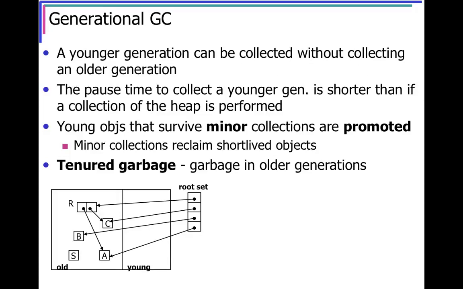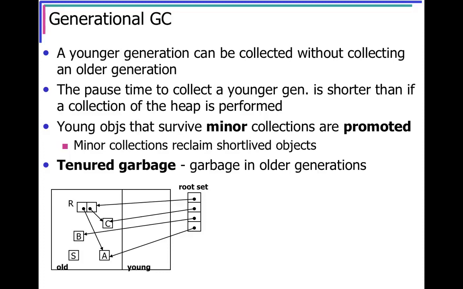We collect the young generation by tracing the roots. Any of the roots that we find that are reachable, we can move to the old space. This is called promotion. Since, again, there should be very few objects that are promoted because most objects die young, the amount of time we spend here should be short. So we'll collect the young generation, the nursery space, often, and we won't collect the old space very often.